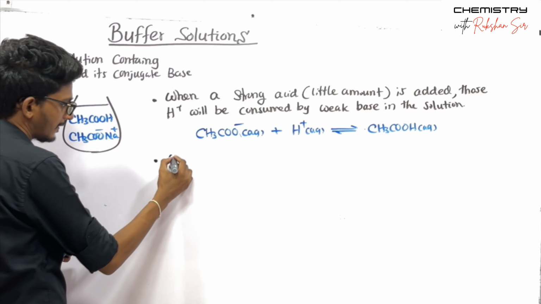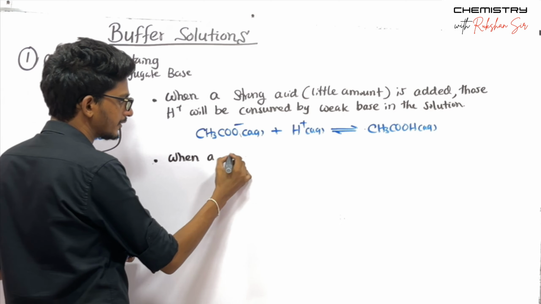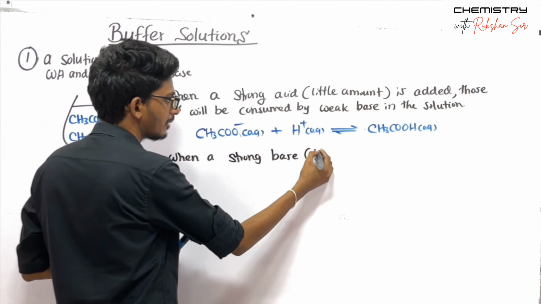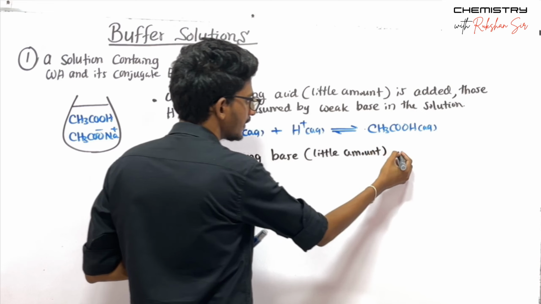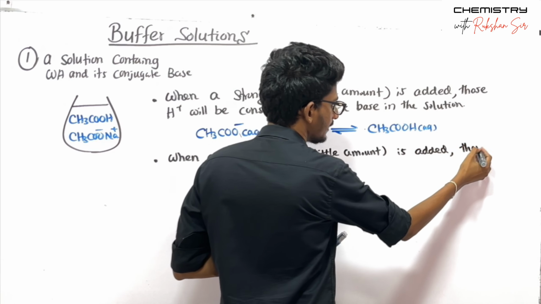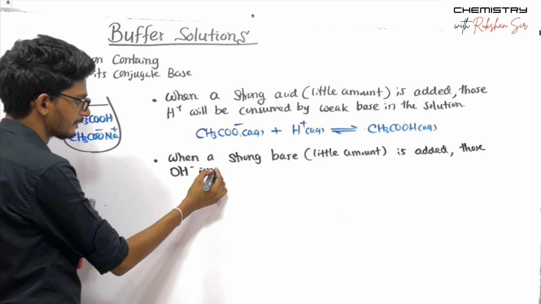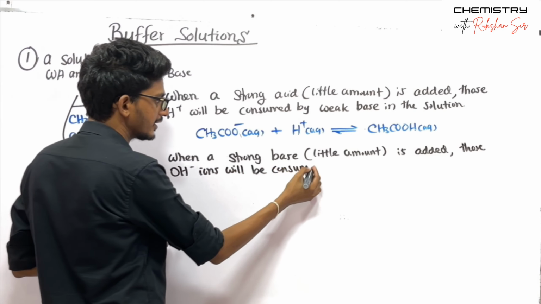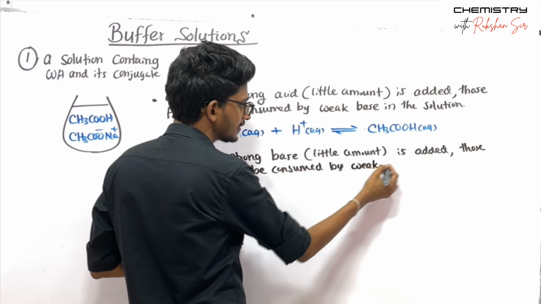So next point, when a strong base, a little amount, is added, those OH minus ions will be consumed or totally reacted by the weak acid in the solution.